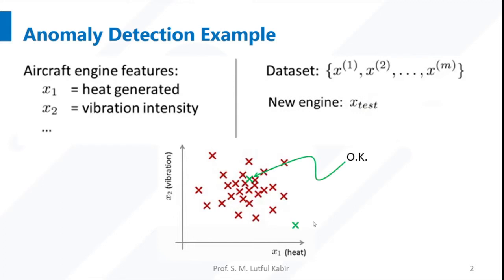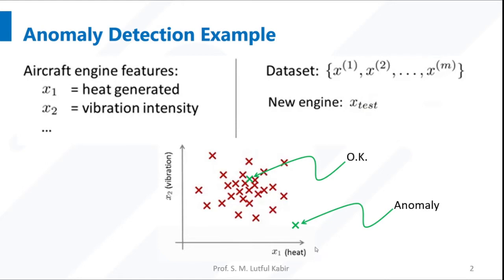But if the result falls over there, then you call that anomalous. So when you find a particular engine which is not at par with the other data, then you may take the engine outside and do rigorous testing, or maybe you do some servicing, and the result may lie again within the good data.